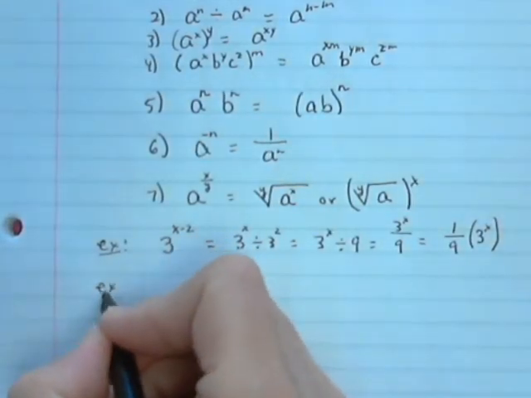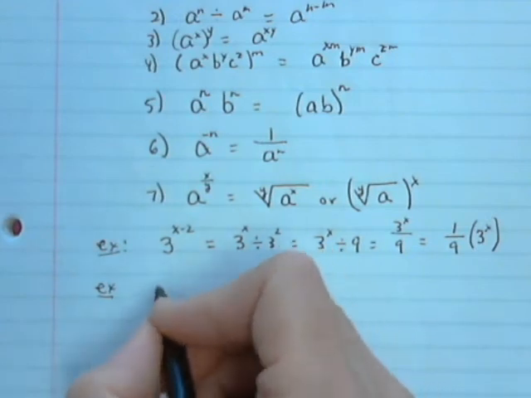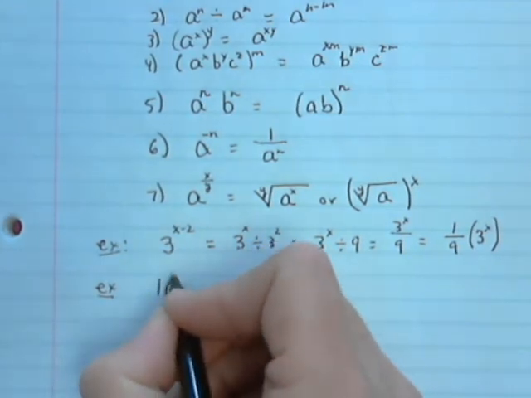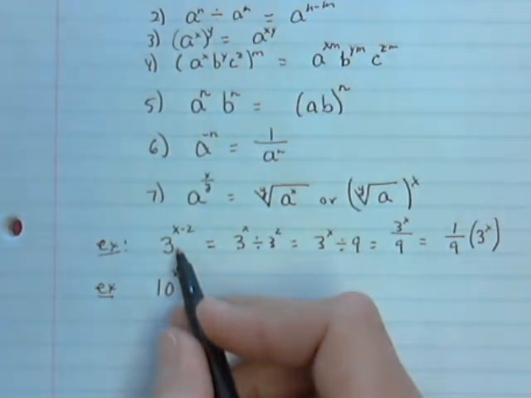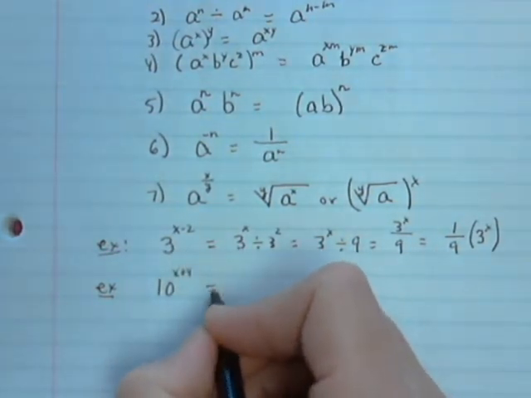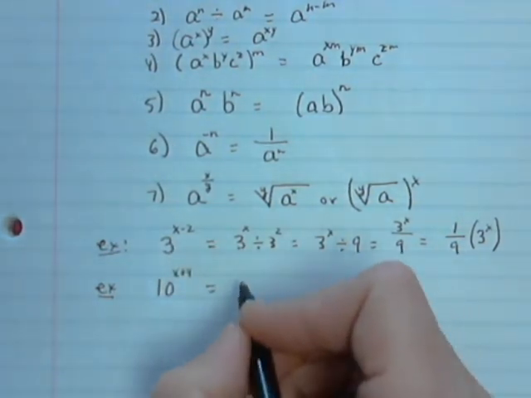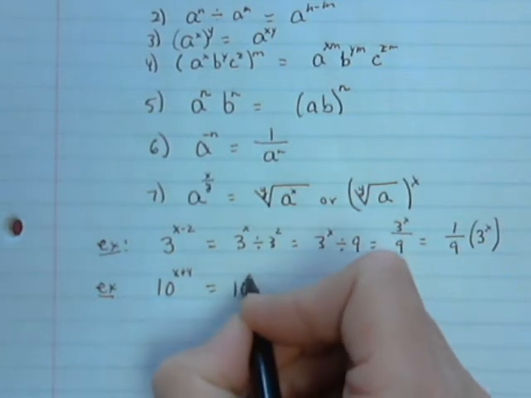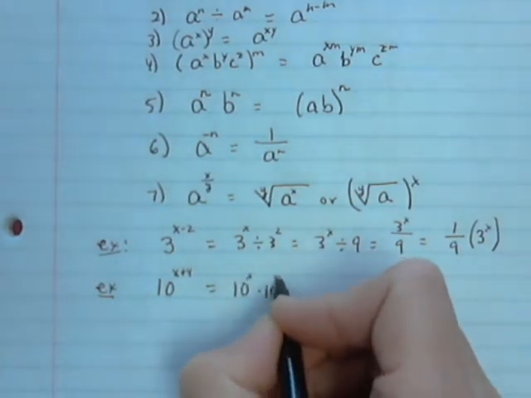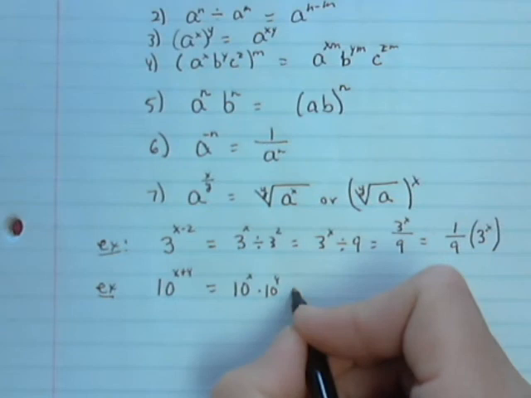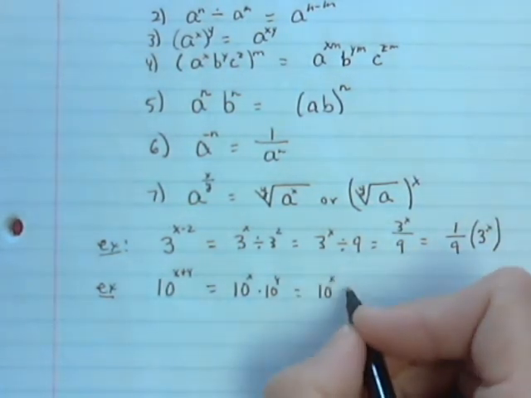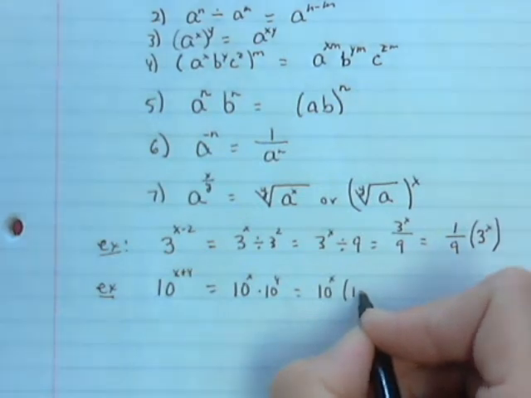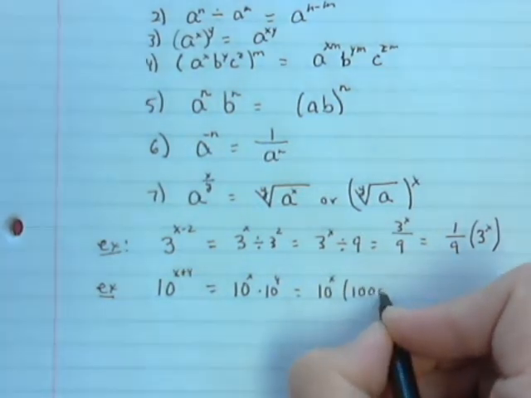Here's another example of using multiple rules. Let's say you have 10 to the x plus 4. It's similar to the example above, but instead of the quotient rule, we're using the product rule. So this says 10 to the x times 10 to the 4th. 10 to the fourth is a 1 with 4 zeros: 1, 2, 3, 4.